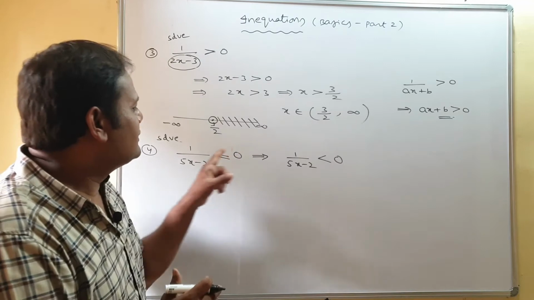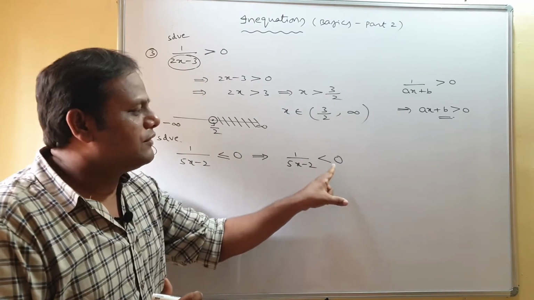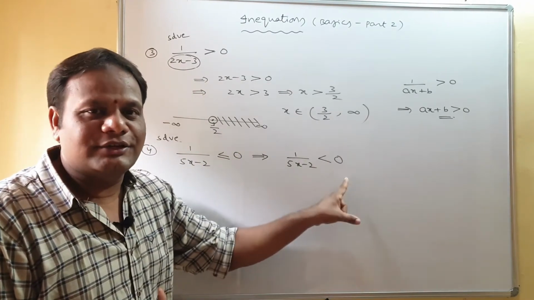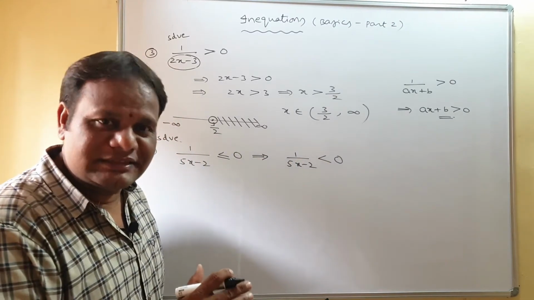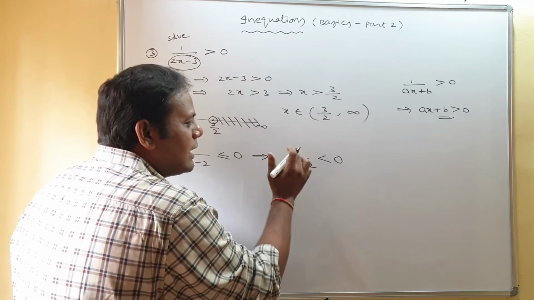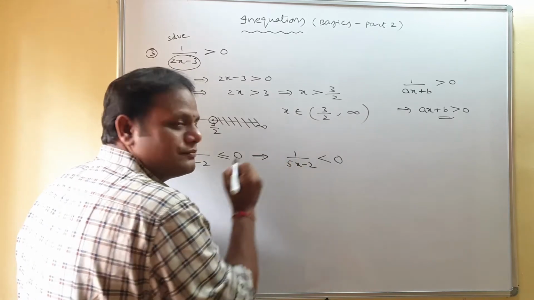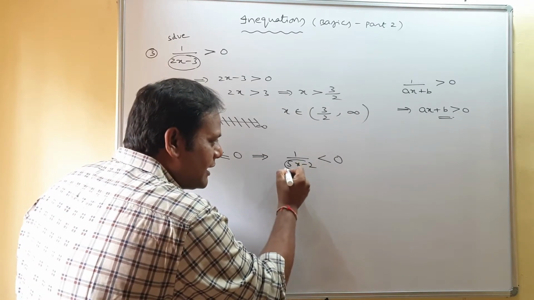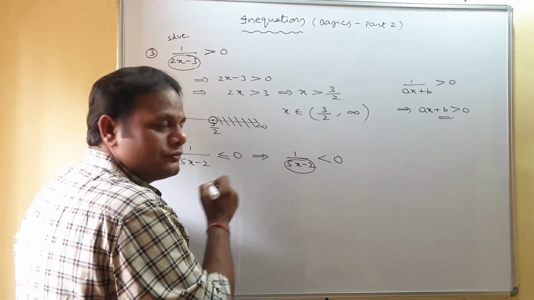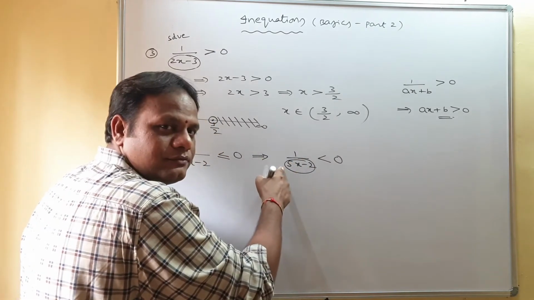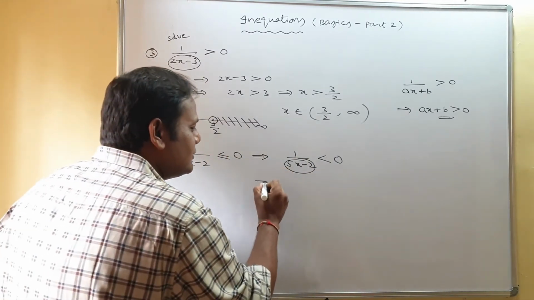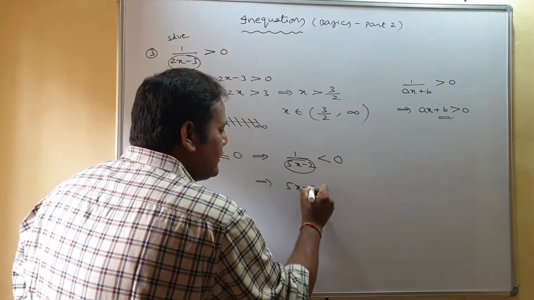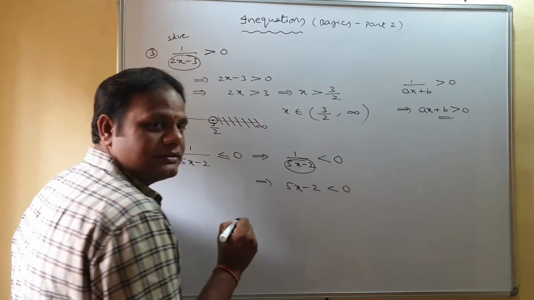So that's why I simply wrote this as 1/(5x minus 2) less than 0. Is it? Okay. Less than 0 means what? Negative. When it is negative, the numerator is already positive. If the denominator is negative, positive by negative becomes negative. Is it clear? That is the reason you can take it as 5x minus 2 less than 0.